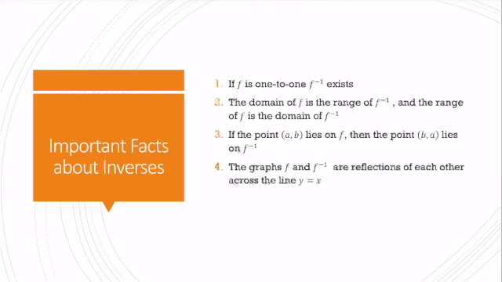So some important facts about inverses. If a function is one-to-one, its inverse exists. It has to be out there, okay? Because what one does, the other undoes. The domain of f becomes the range of f inverse. So the possible x values become the possible y values of the inverse, and the range of f becomes the domain of f inverse.